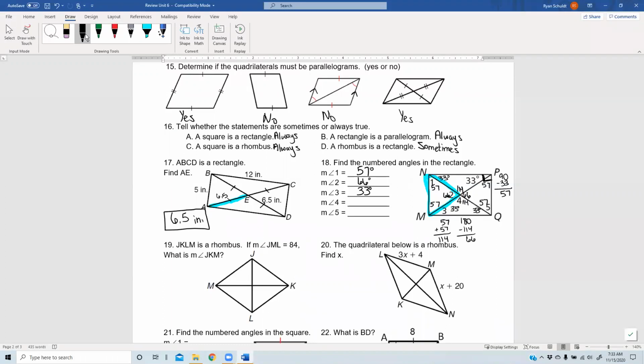Angle 4, 114. And angle 5, 57. There's all our angles.